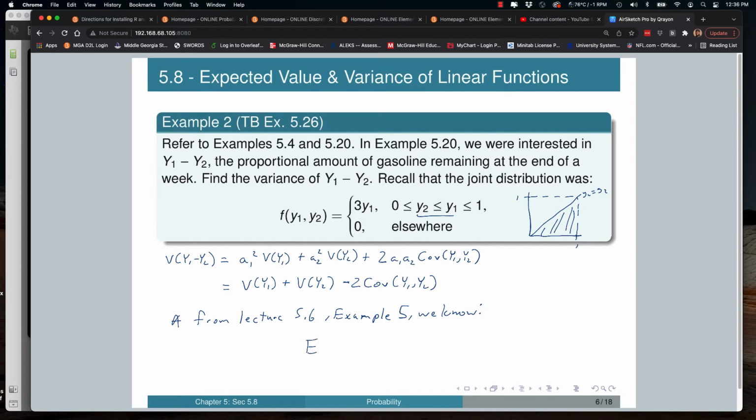We know the expected value of y sub 1 is equal to 3/4. We're going to need that to find that variance because we haven't found the variance for this thing before, and we need to know the expected value of y sub 2 as well. So that's equal to 3/8. We already found those in a previous problem, so we're not going to do that again. But we're gonna need those here to help us out.